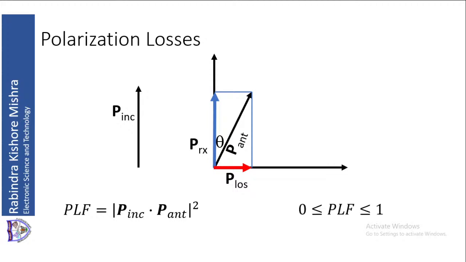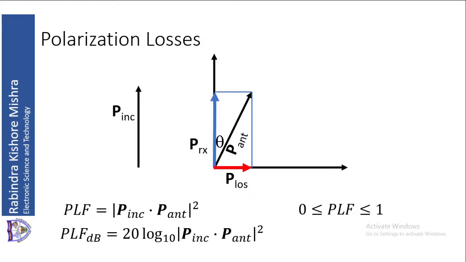Since P_incident and P_antenna can be oriented along the same direction or orthogonally: if they are orthogonal, P_incident dot P_antenna will be 0. If they are oriented along the same direction, then P_incident dot P_antenna will be 1. So PLF will be between 0 and 1, that is, 0 ≤ PLF ≤ 1.